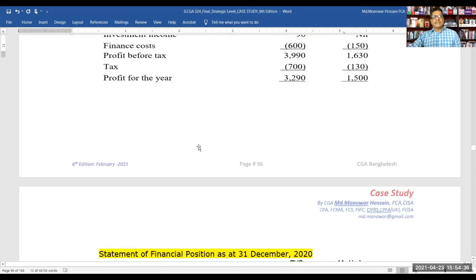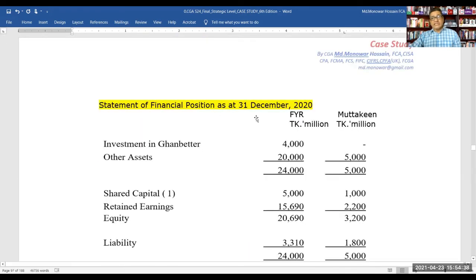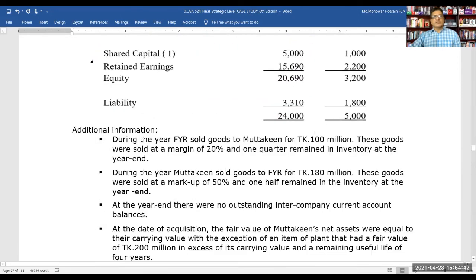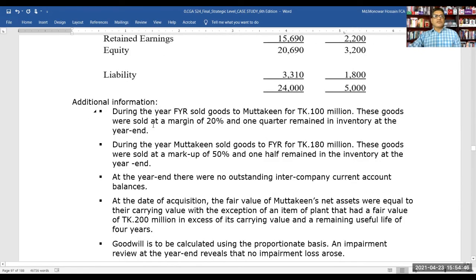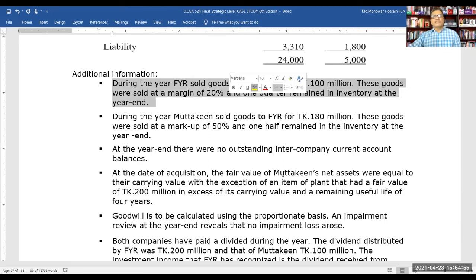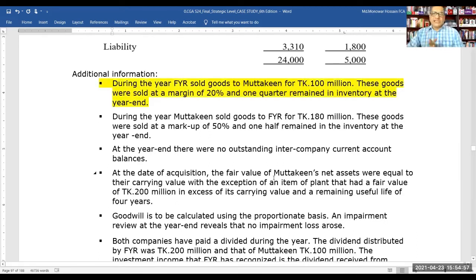This one is the statement of changes in equity, and that is the balance sheet, with the investment and other items, total assets and liabilities. Additional information: during the year, FY sold goods to Muttaqin worth 100 million, with a margin of 20%. So there is an intercompany transaction, and we have to consider this. Also during the year, Muttaqin sold goods worth 180 million, with a markup of 50%.